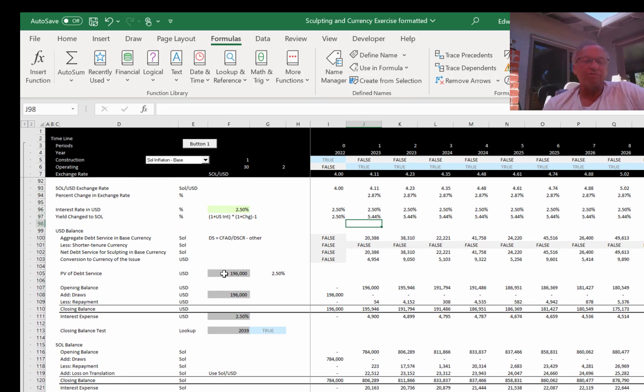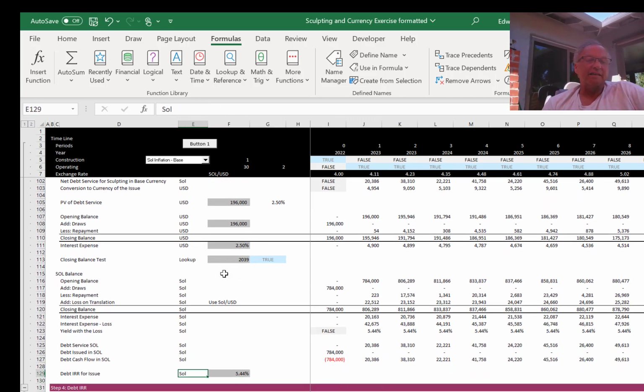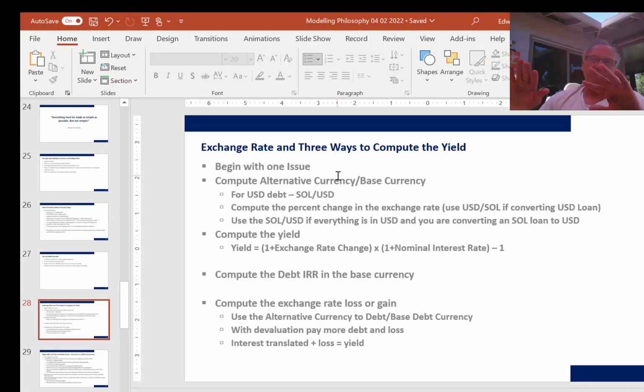And that 5.44 is exactly the same as our debt IRR. And that is exactly the same as the interest rate we used when we used the loss on translation.